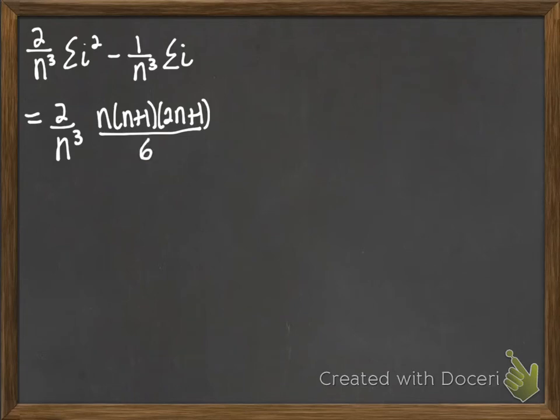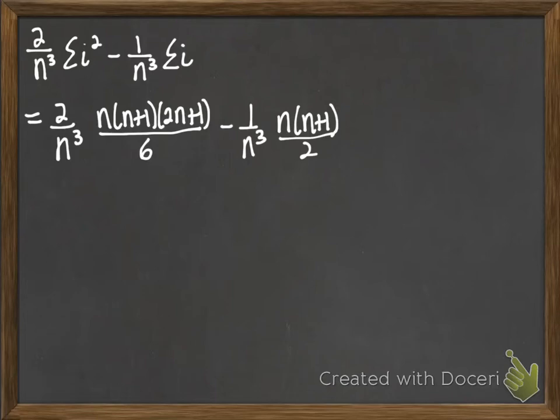And so we get that it's going to be 2 over n cubed times n plus 1 times 2n plus 1 all over 6. And then we invoke the formula for the sum of the i's. So it would be minus 1 over n cubed times n plus 1 over 2.